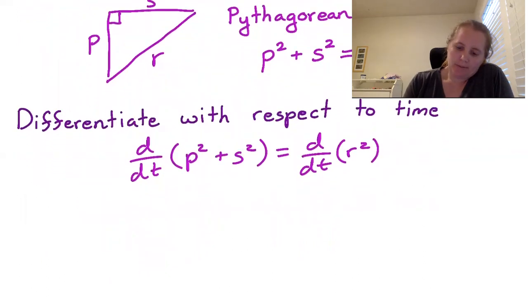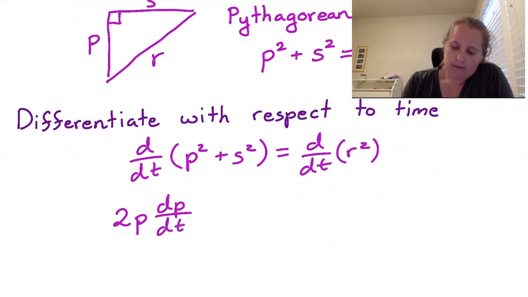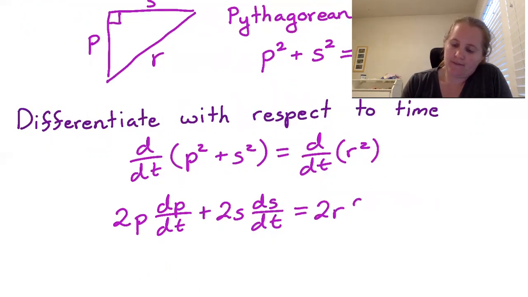And so we wind up with, if we differentiate p squared with respect to t, 2p times dp/dt, then plus 2s times ds/dt, and this is equal to 2r times dr/dt.